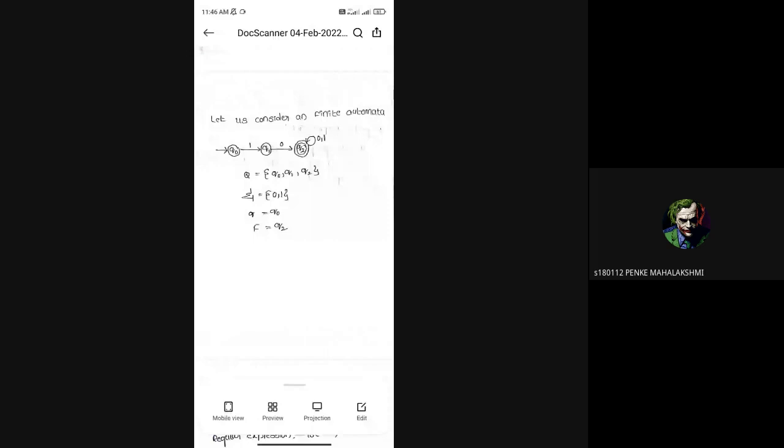Yeah, it's visible. Mahalakshmi, continue. Pushpa, please present the PDF. PDF is not visible, Pushpa. Okay, it's clear.